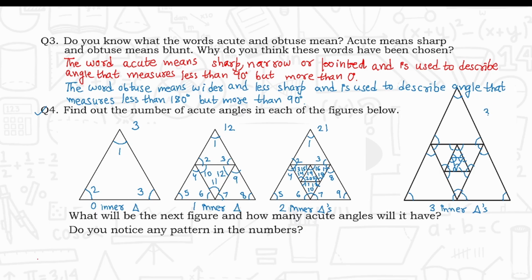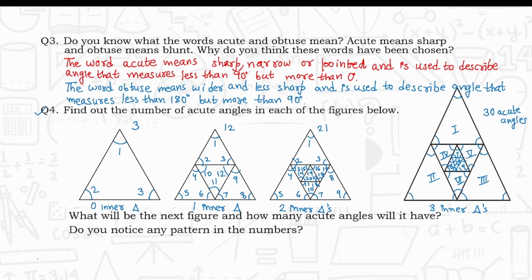So we have 30 acute angles. As you can see here, how many triangles we have? 1, 2, 3, 4, 5, 6, 7, 8, 9, 10. As we have 10 triangles and each triangle has 3 acute angles, that's why we have 30 acute angles.